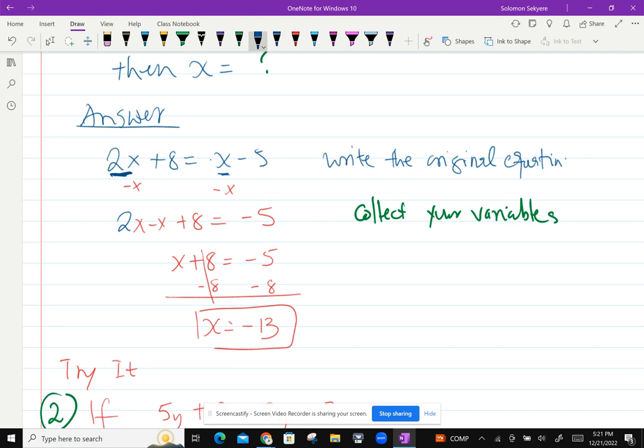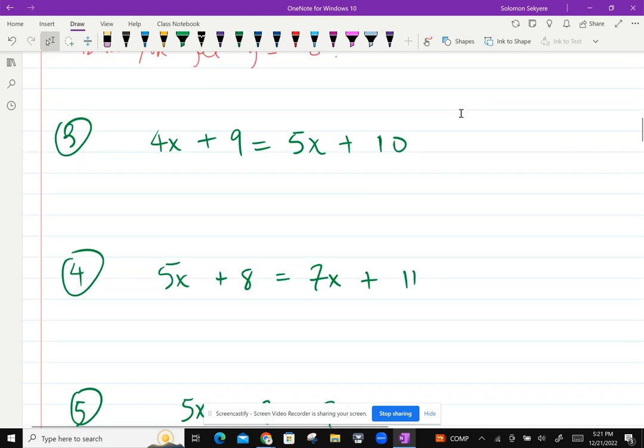So minus x. It'd be 2x minus x plus 8 equals -5, and then what we have left is x plus 8 equals -5. The next thing we do is collect our other like terms. 8 and -5 are like terms. We move the positive 8 by subtracting. x equals -8. You get that so far?